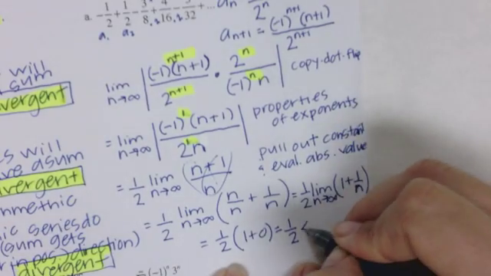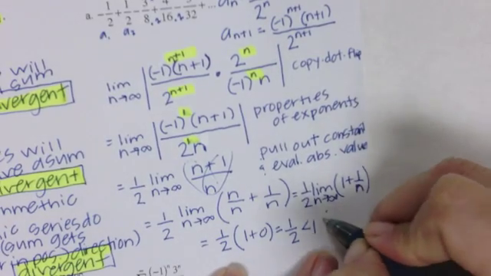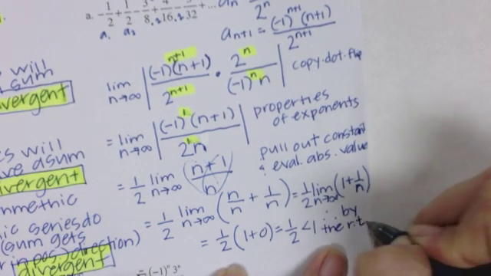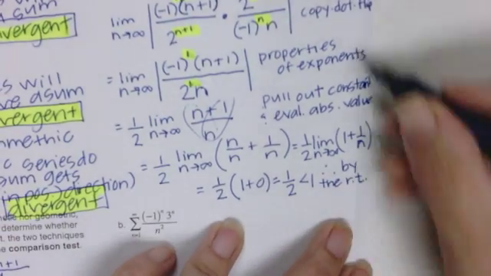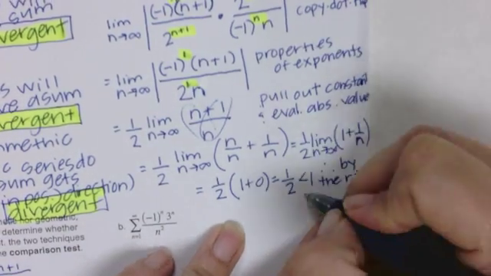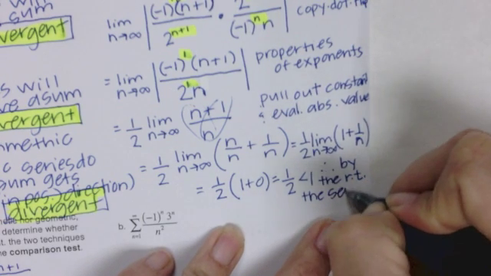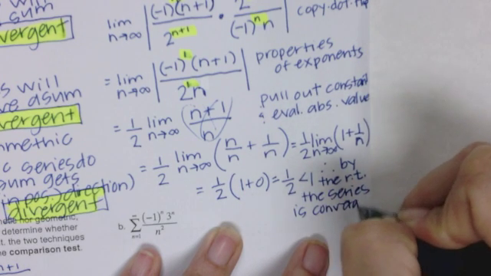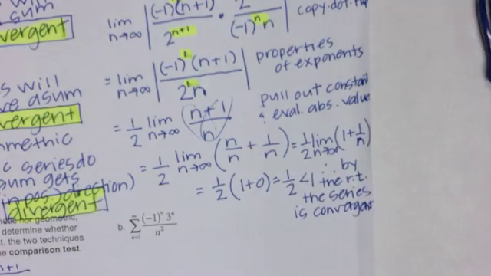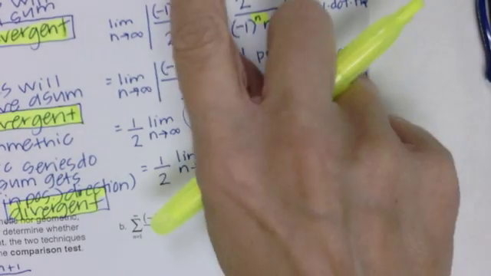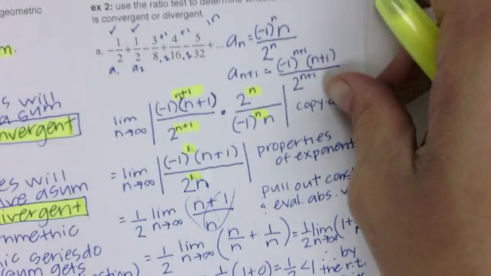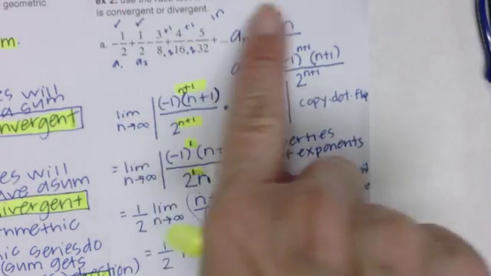So our common ratio is less than 1. Therefore, by the ratio test, and you do have to have this in there because you're defending what you just did, the series is convergent. It says use the ratio test to determine whether each series converges, so when you're doing your final conclusion, you're just repeating the statement that was made here.